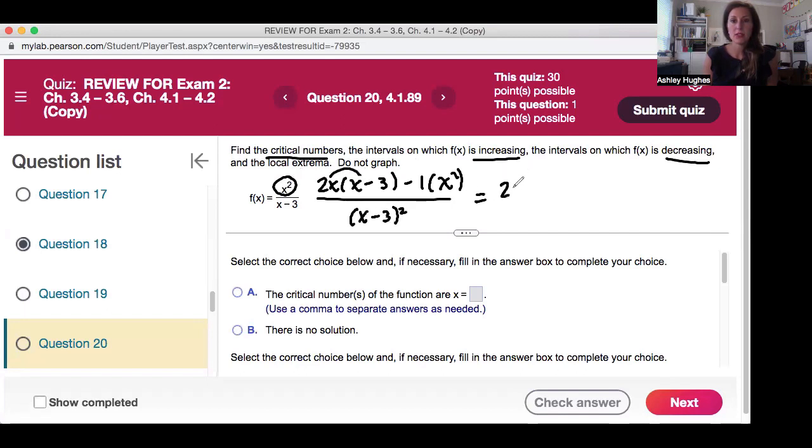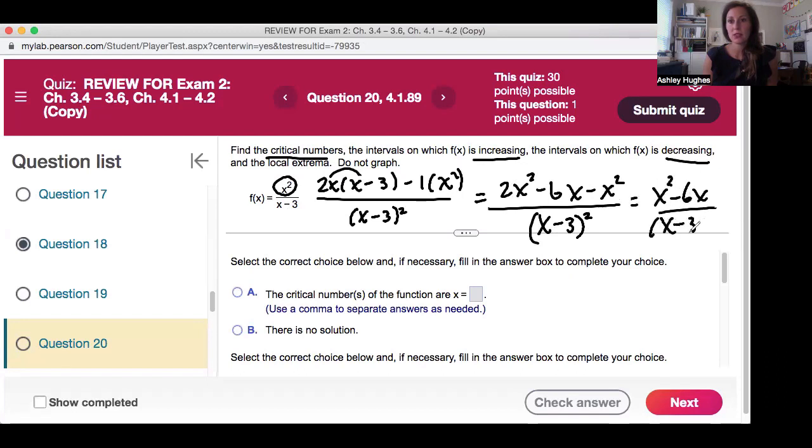So that would be 2x squared minus 6x minus x squared, over (x minus 3) squared. So 2x squared minus x squared, so we have (x squared minus 6x) over (x minus 3) squared. Critical numbers are where the derivative equals 0 or doesn't exist. If I factor the top, they both have an x, so I can take out an x.